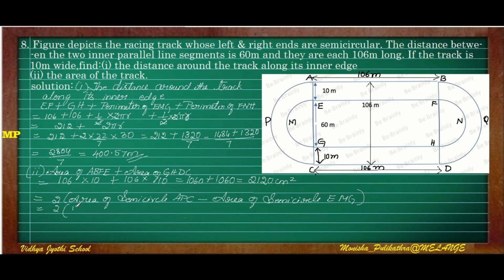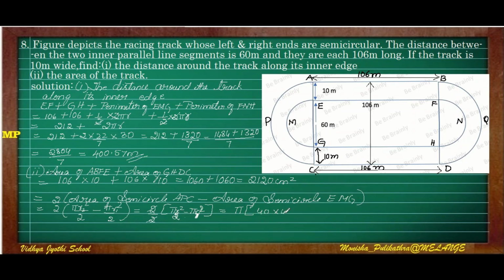2 into pi r2 square by 2 minus pi r1 square by 2. So I will take this 2 outside. So 2 by 2, pi r2 square minus pi r1 square. Here pi I will be taking common.